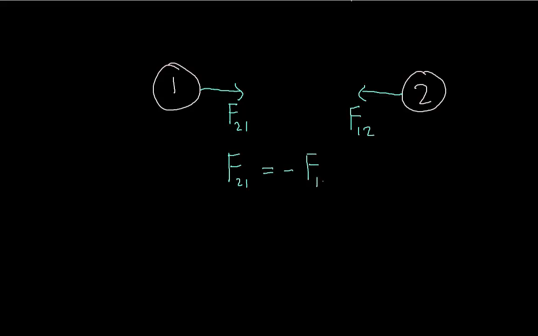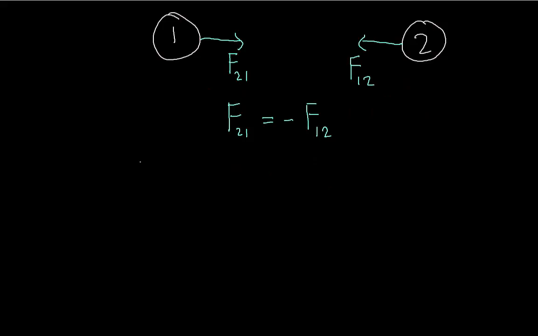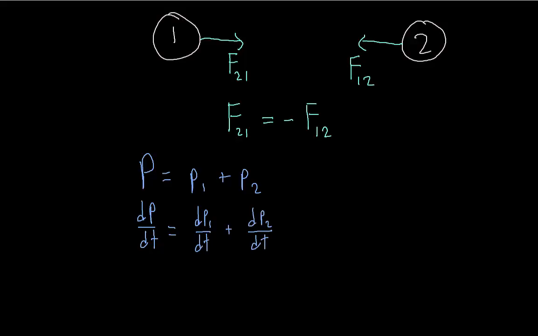Now we can look at the total momentum of the system. So the total momentum of a system is just all the momentum of the particles in it added up. So the total momentum here is the momentum of object 1 plus the momentum of object 2. And so if we want to find the rate of change of the total momentum, then that's the same thing as the rate of change of the momentum of object 1 plus the rate of change of object 2's momentum.